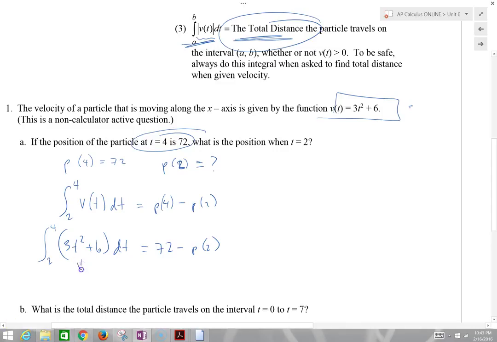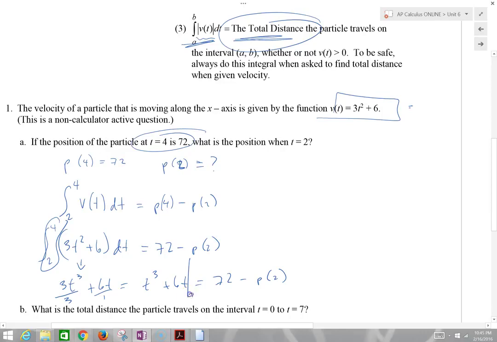So we find the antiderivative of this, which is 3t cubed divided by 3 plus 6t over 1. And since we have limits of integration, we don't need a plus c, so we get t cubed plus 6t is equal to 72 minus p of 2.